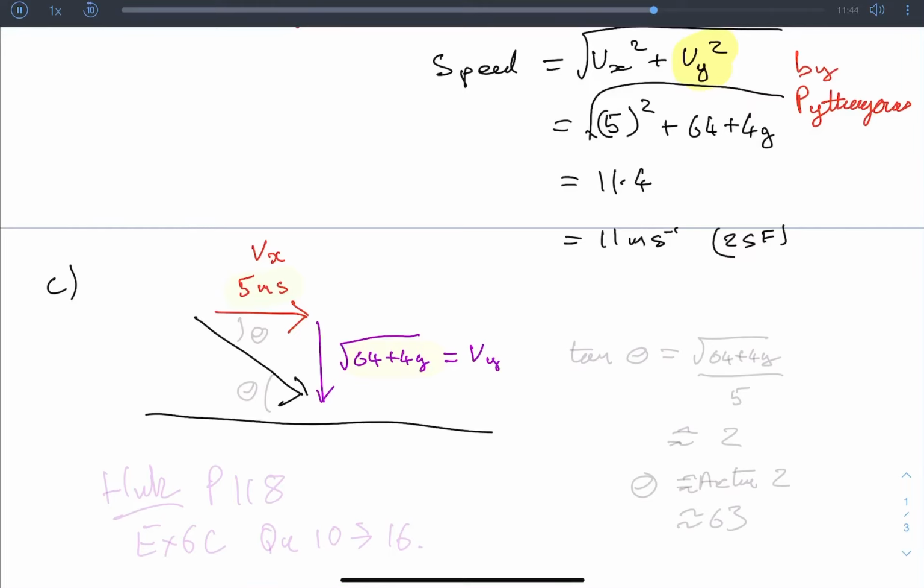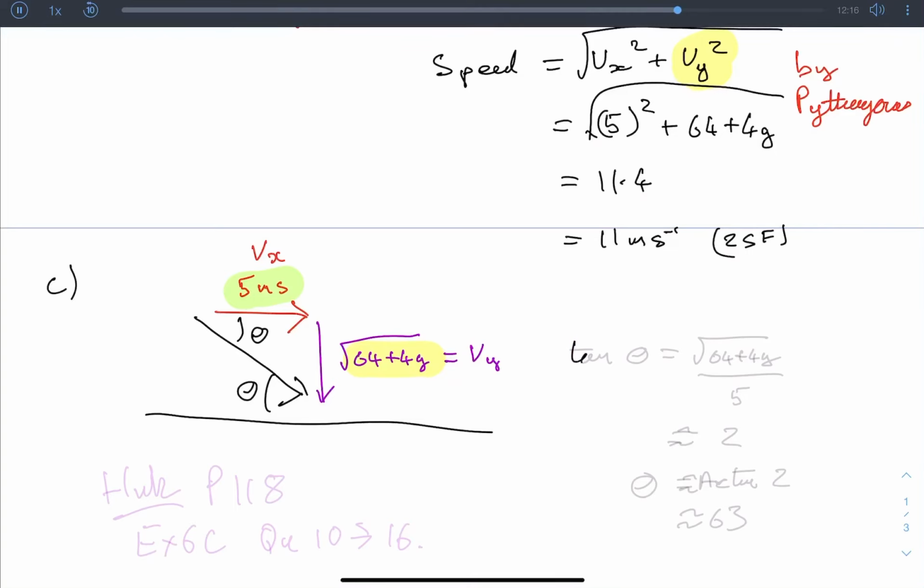We've got our angle there, which is the same as the angle there because they are alternate, remembering those rules from GCSE. Okay, so we know the opposite and the adjacent, so opposite and adjacent would suggest that it's going to be tan theta.